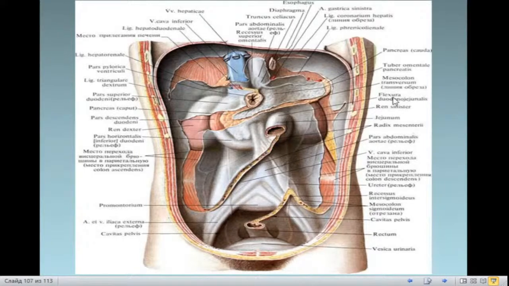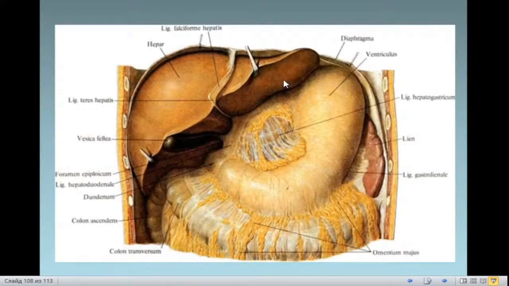And also, besides these sinuses, there are connections and pits between these folds of peritoneum. They are called bursas, recesses, and folds. If we talk about bursas, behind the stomach there is the so-called omental bursa, because it is behind the lesser omentum and behind the stomach.